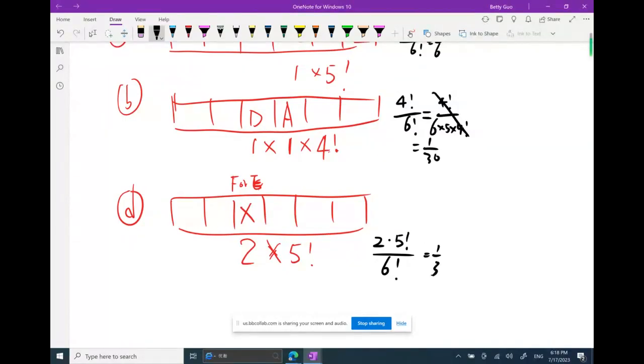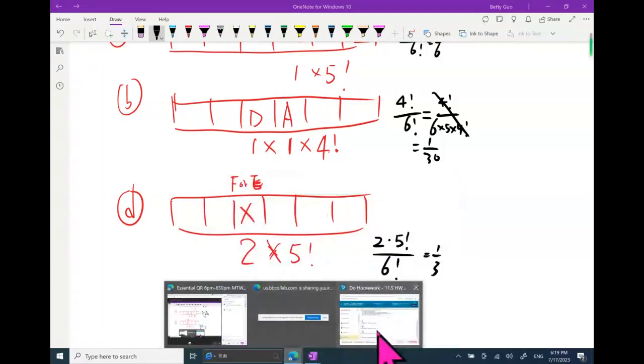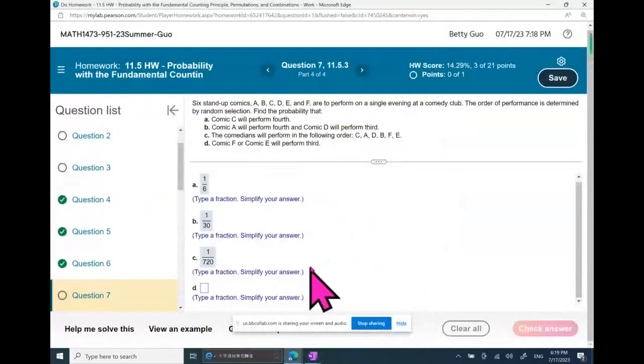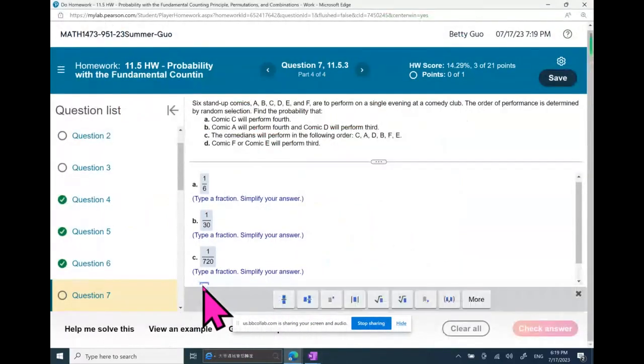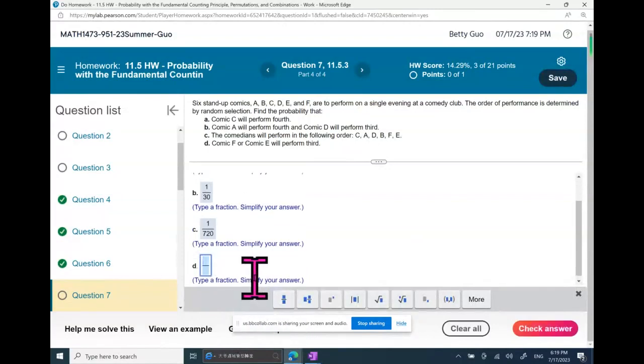You can figure out the calculation part by yourself. There's 1 over 3. 1 over 3. Don't forget to simplify.